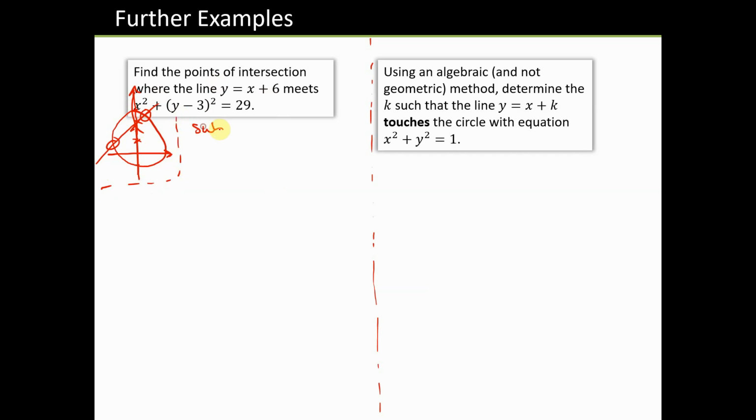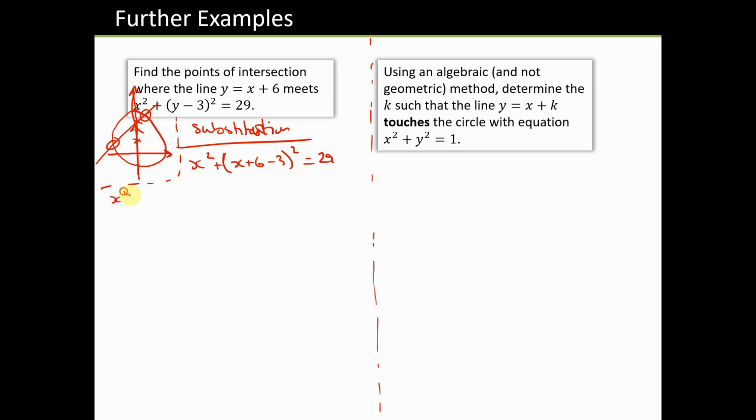First we're going to do substitution. I'm going to put y into here. So that's going to be x squared plus, in brackets, x plus 6 minus 3, squared, equals 29.